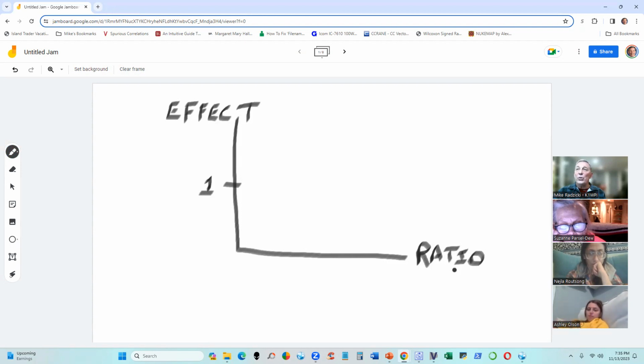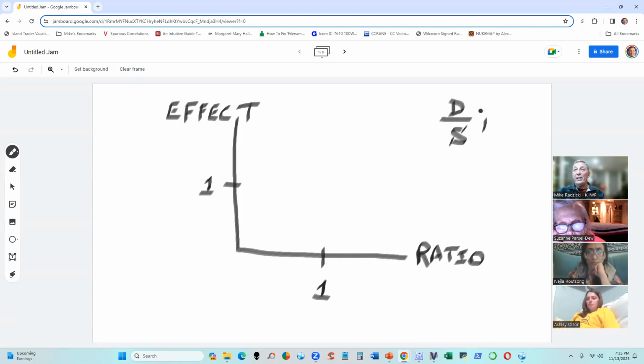Okay, we almost always have A divided by B, something divided by something. So we might, for example, have the ratio be demand for something divided by the supply of something.